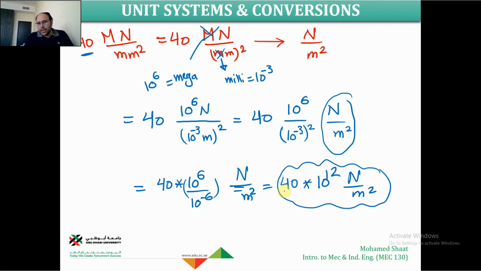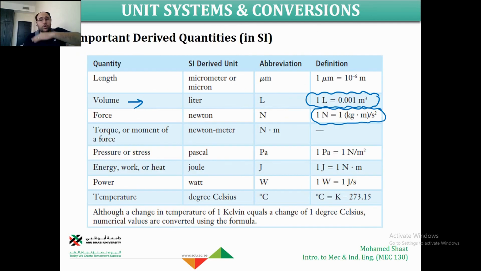You should understand this, whether for this course or the other courses that you are going to study for your major. I'm just trying to highlight the most important unit conversions that you need to know for your engineering study. Pascal is equivalent to Newton over meter squared.